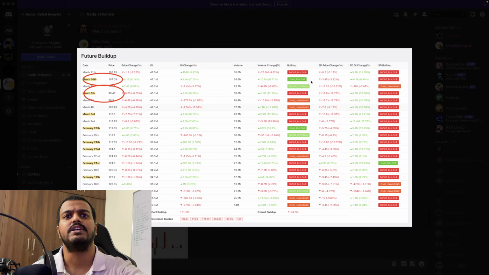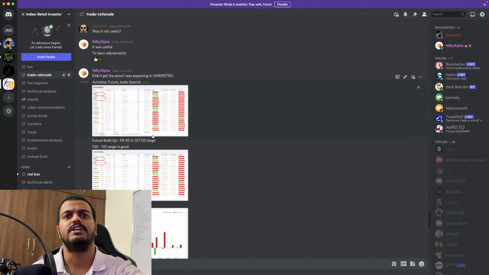But since it's a new long build-up, and the existing short build-ups which have already been made are not gone yet, this is what makes it complex to not go long with Ashok Leyland. Sorry.